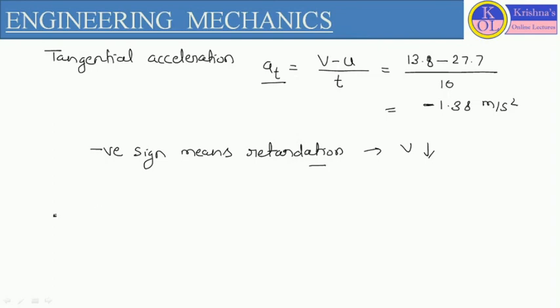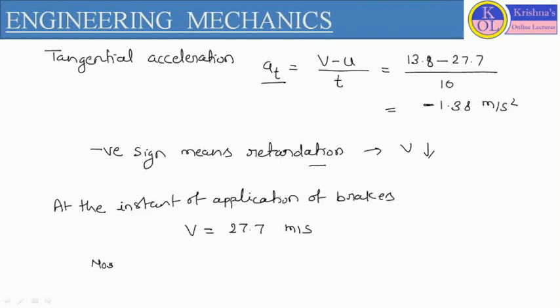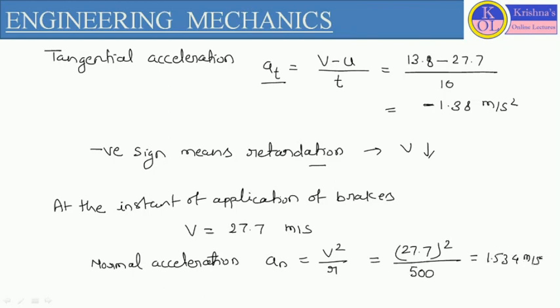Now let's define the normal acceleration value. So normal acceleration is generally defined by this formula: an equals v square by r. So here this v is not representing this value 13.8 meter per second, the final value of velocity.